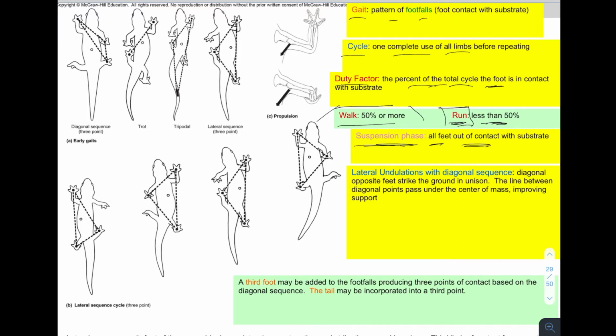What we think is that the early gaits clearly had inefficiencies. Early gaits meaning the movements that these colonizers on land were doing were inefficient because the anatomy was not really built for land at the time. It was still a very aquatic type of anatomy.